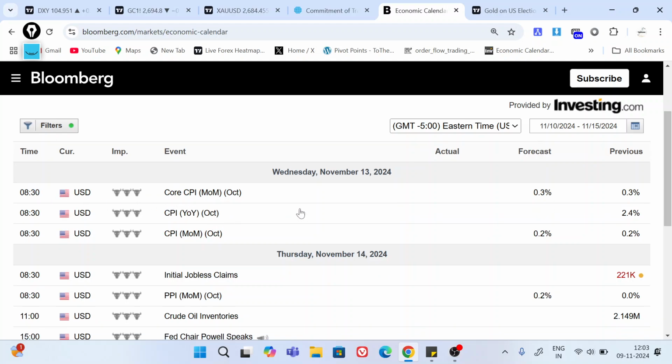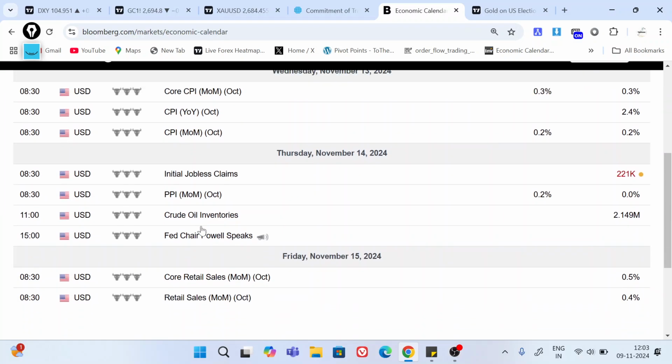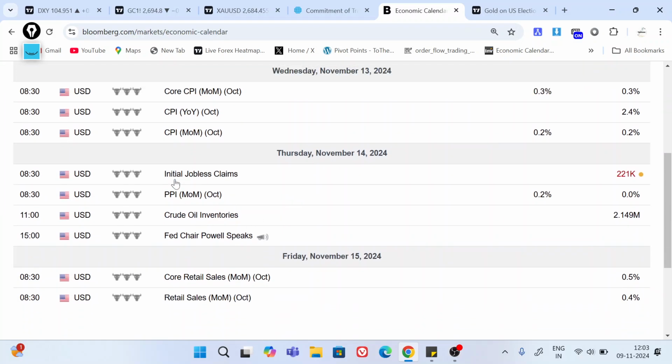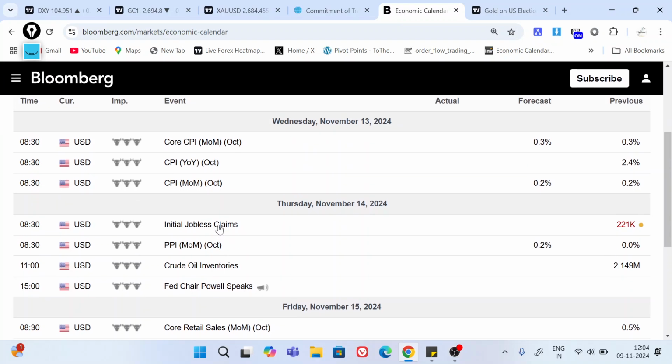You can see on Wednesday we have core CPI. This is the major data, of course, the CPI. On Thursday we have initial jobless claims and PPI data. Fed Chair Powell speaks, which is also going to generate good volatility on Thursday. On Friday we have core retail sales. So these are the good high impact data that we have to watch for next week.